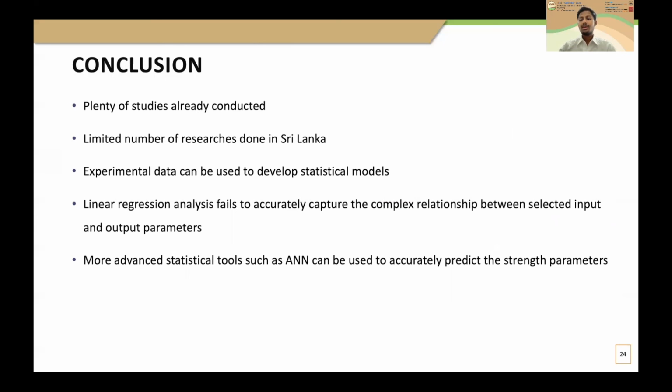From this research, it shows that the LMRA failed to identify the complex relationship between input and output parameters, but the ANN predicted value is very accurate. Since this model does not need experiments to be conducted, it will save plenty of time, and it is very cost effective also.